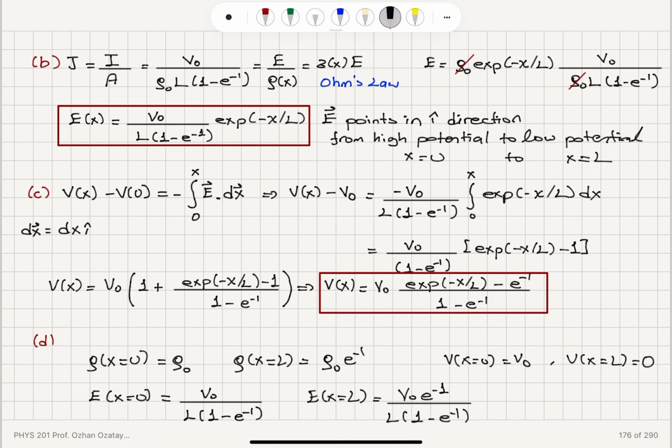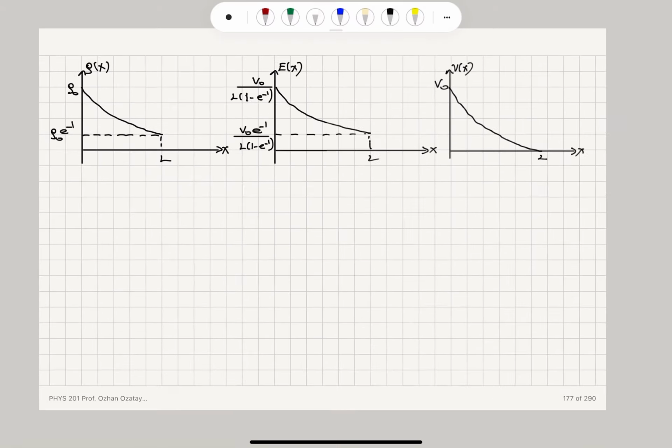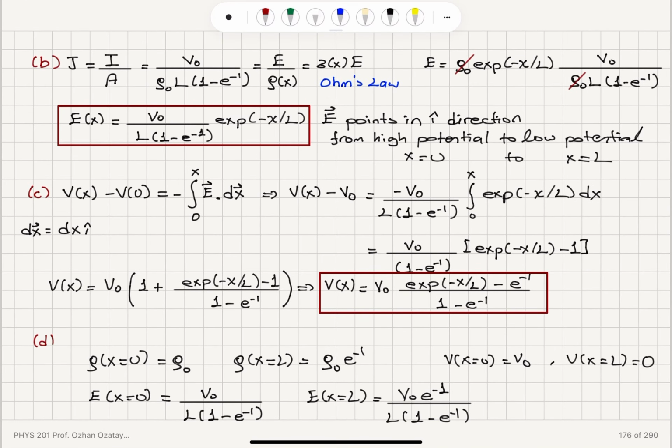So the resistivity decays exponentially from rho 0 to rho 0 times e to minus 1. As you can see here, it decays exponentially. At x equals infinity, the resistivity is 0, right? So this is going to be an exponential decay. The potential varies between V0 and 0, which also has an exponential decay here.